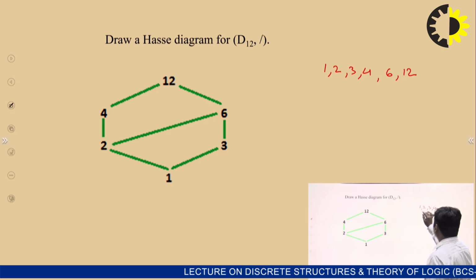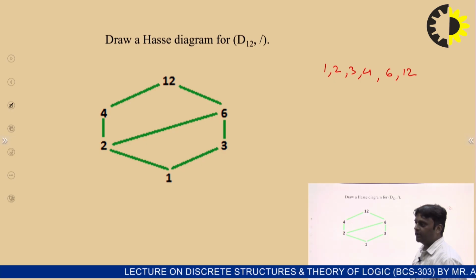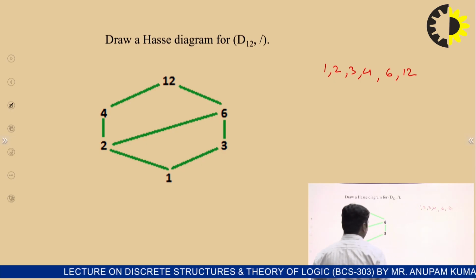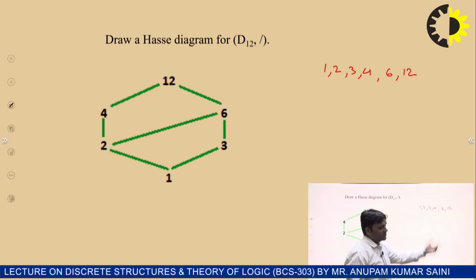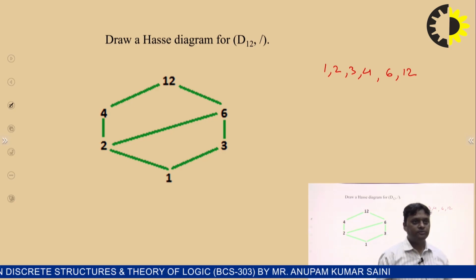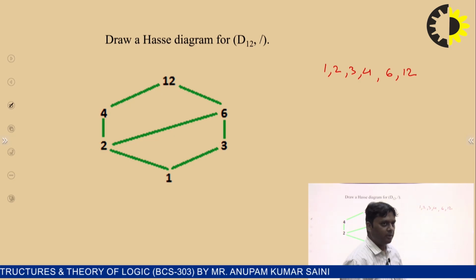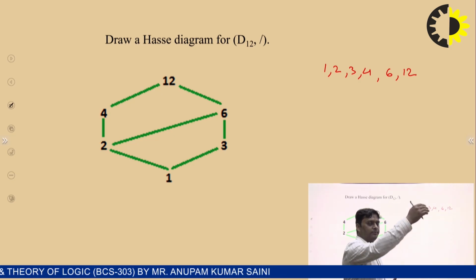These are the divisors of 12. Then we have to construct a Hasse diagram for it. This Hasse diagram follows the bottom up approach.